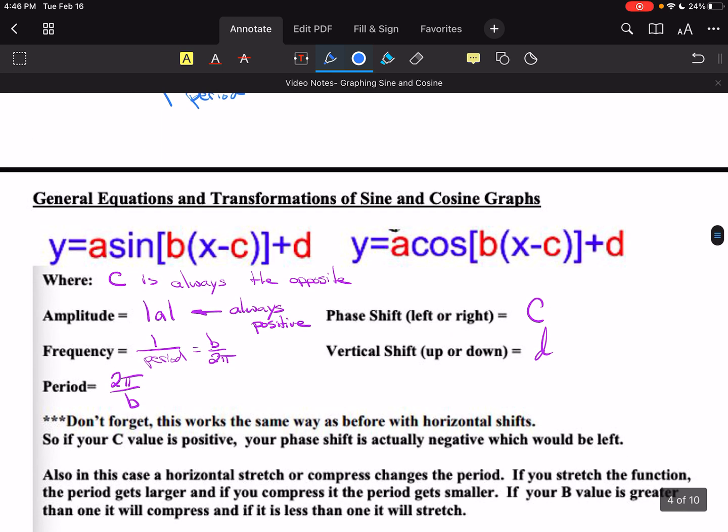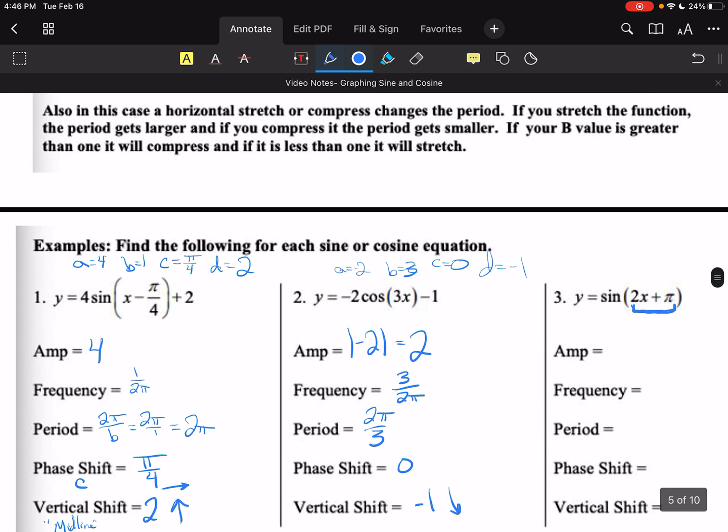It has to look exactly like this on the inside if there is a b value. Okay, so I would factor out the 2. So dividing everything by 2 would leave me with x plus pi over 2 on the inside.